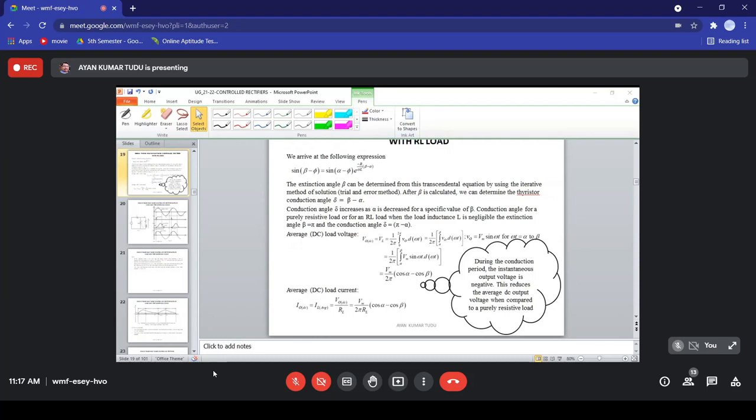And again we can find the average load current, which is equal to VDC by R. If you put in the expression, that would be Vm by 2 pi R into cos alpha minus cos beta.